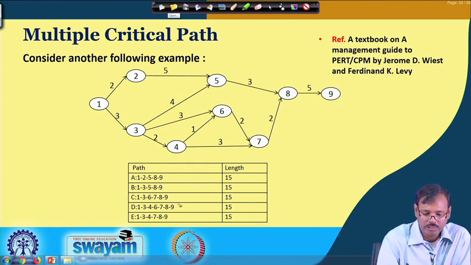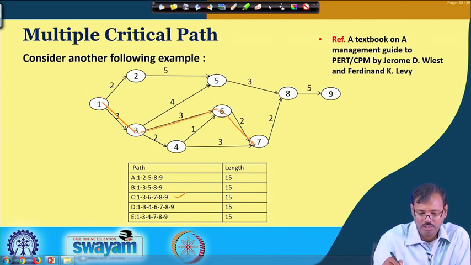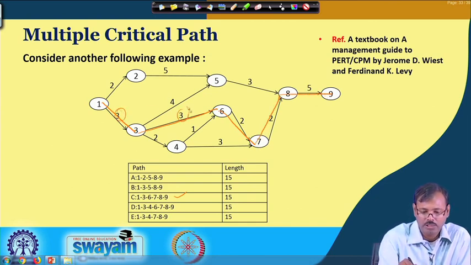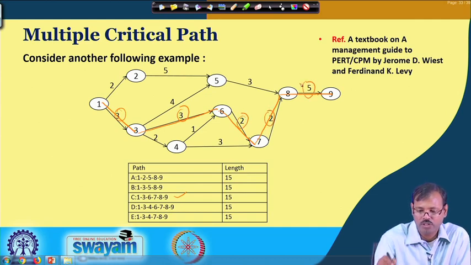Let us consider the third path 1, 3, 6, 7, 8, 9. So, this is 3 plus 3 plus 2 plus 2 plus 5. So, 3 plus 3 is 6, 6 plus 4 is 10, 10 plus 5 is 15.